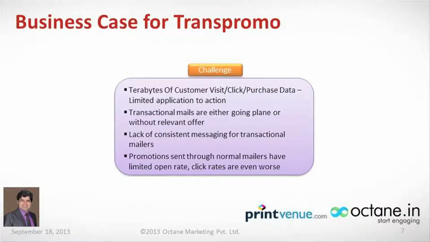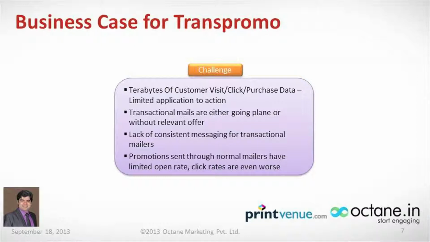So let's take the business case for Transpromo. The challenges being faced by e-commerce firms today, which are on your screen as well: we store terabytes and terabytes of customer visit, click, and purchase data, and we always use this data post hoc. We don't use it in real time.